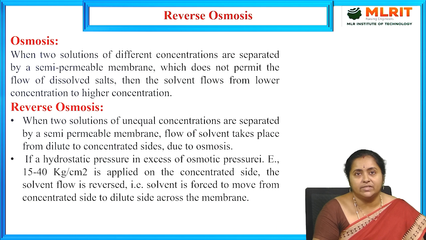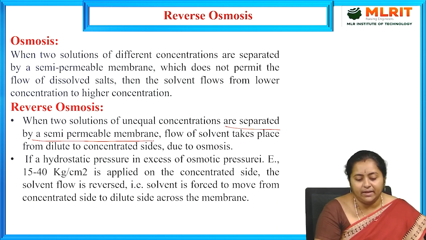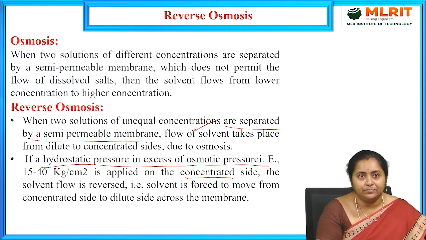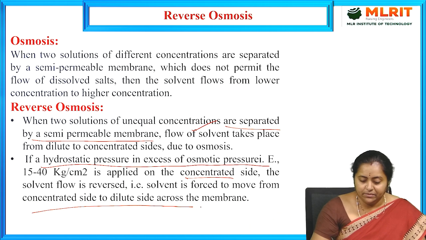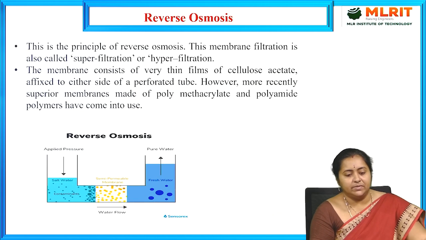When two solutions of unequal concentrations are separated by a semi-permeable membrane, then if you supply some hydrostatic pressure in excess of the osmotic pressure, that is 15 to 40 kilograms per centimeter square on the concentrated side, then the movement of solvent molecules will take place from the concentrated side to the dilute side. So this is what we call reverse osmosis.